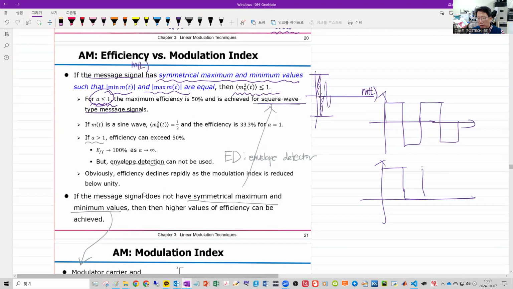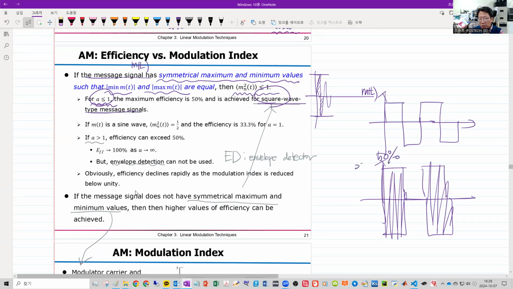It looks like that, and we have power efficiency which cannot exceed 50%. You can easily show that. If m is a square wave, then 50% power efficiency. If it is a sinusoidal signal, we have additional power inefficiency. So for a sinusoidal signal, we have a maximum of 33.3%. Of course, if A is very large, efficiency can be 100%.